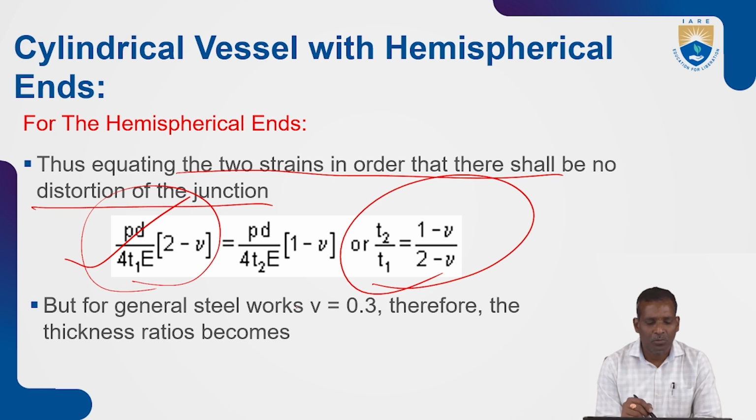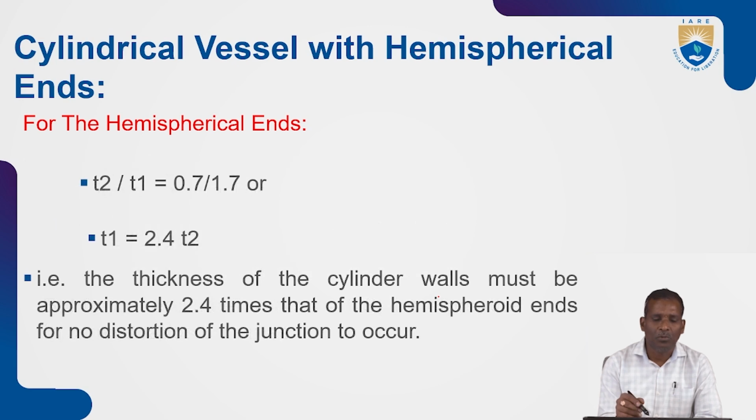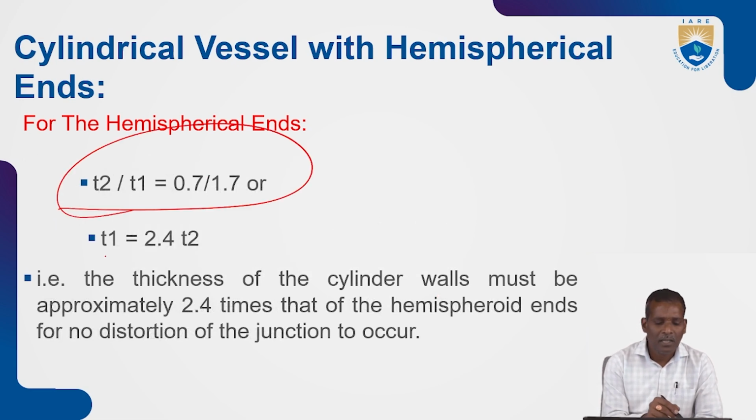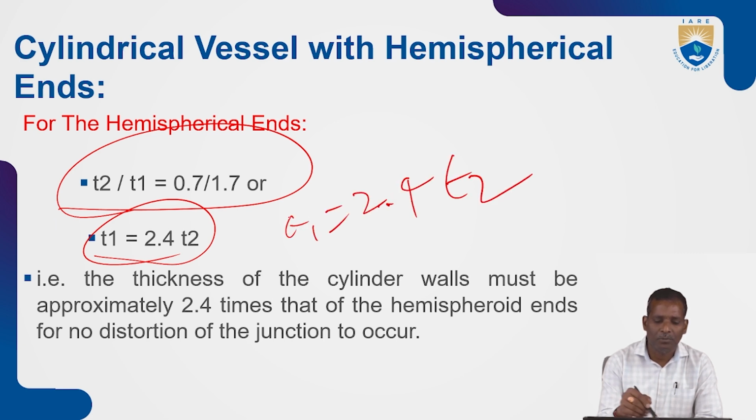So equate these two stresses, and you will get T2 by T1 is equal to 1 minus mu by 2 minus mu. Here for steel, generally mu is 0.3. Therefore, the thickness ratio becomes T2 by T1 is equal to 0.7 by 1.7, or T1 is equal to 2.4 times T2.